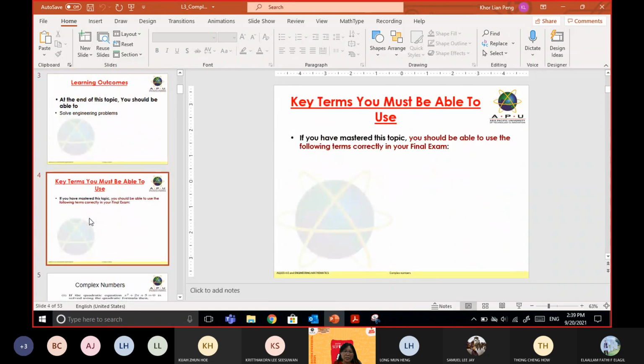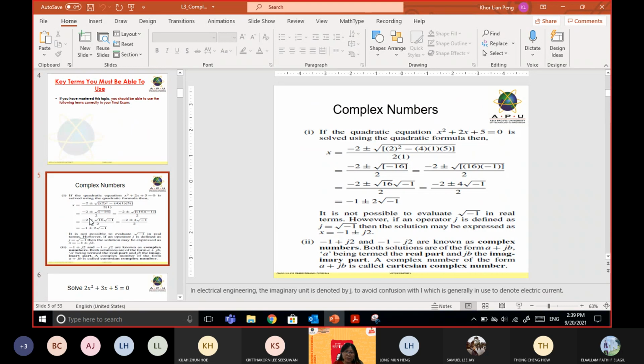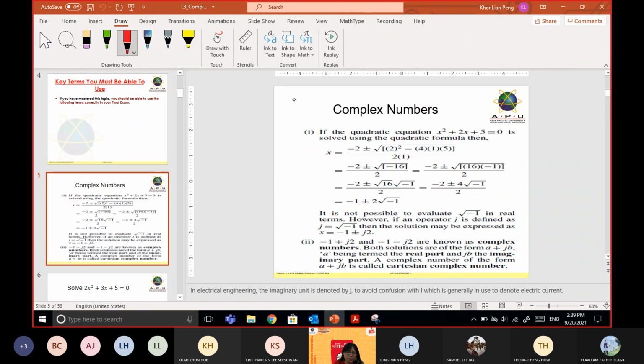We started with the Cartesian form, remember. The complex number, and j is the square root of -1.